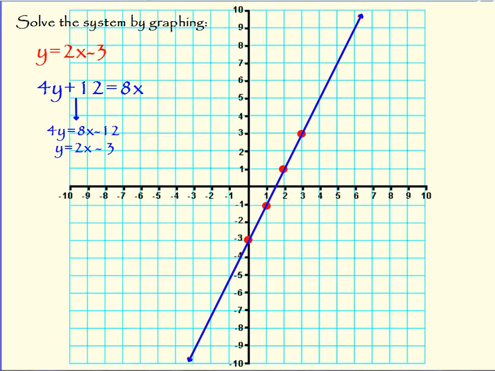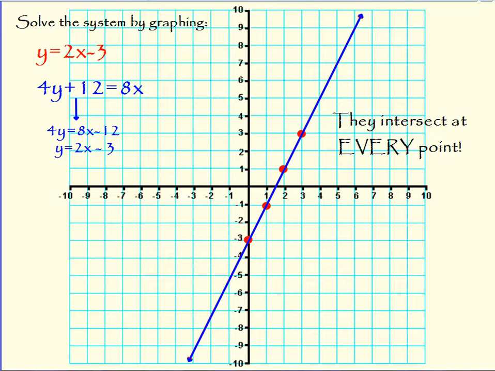So think about it for just a second. The solution to a system is a point or points where the two lines intersect or meet. Since these two lines intersect at literally every point, how many points are there on a line? Isn't there an infinite number of points that make up a line?